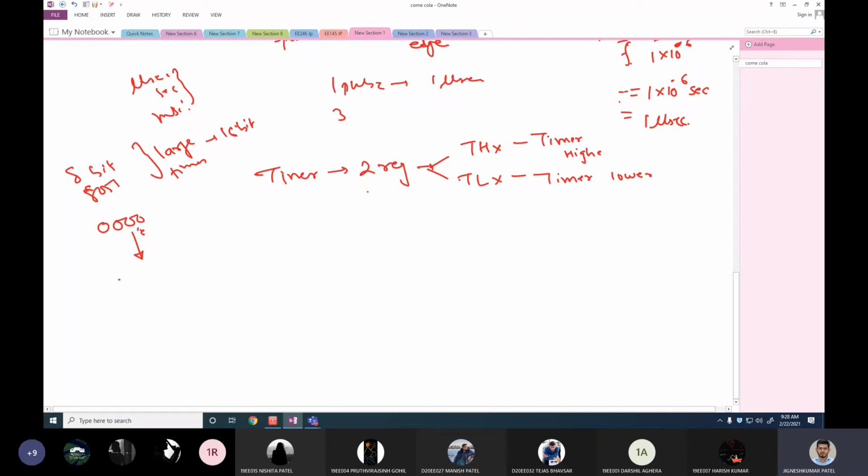It's FFFF because it's 16-bit. The largest 16-bit number is this. In terms of decimal you can say 65535. That's the largest number. Starting from 0 it will go up to this point. That's why it is a 16-bit timer. So this is how a 16-bit timer looks. There are only two registers, THX and TLX.